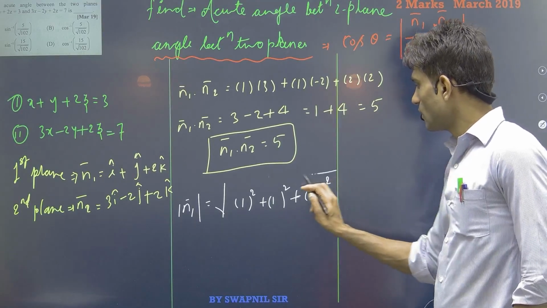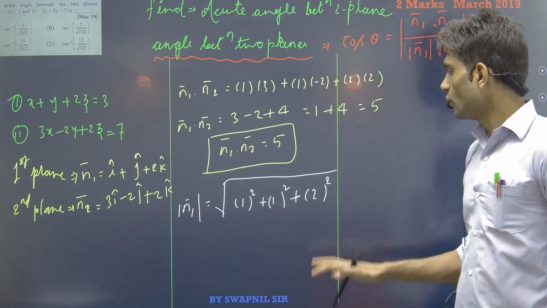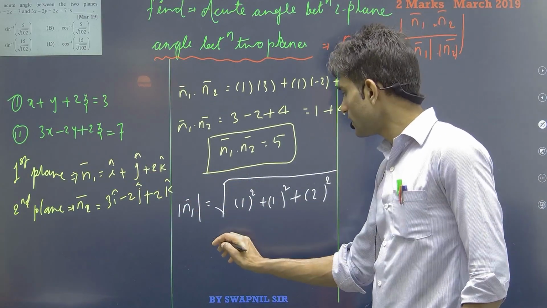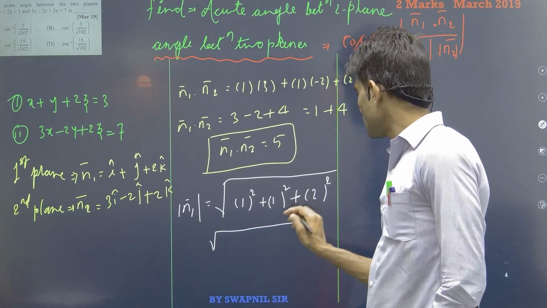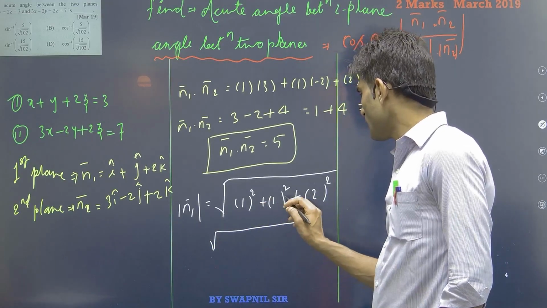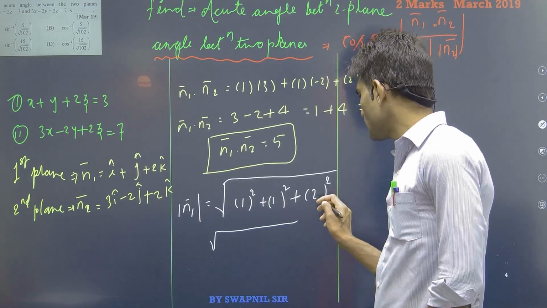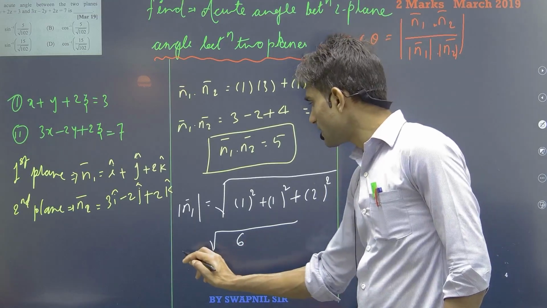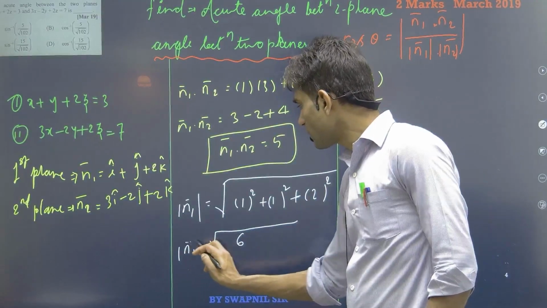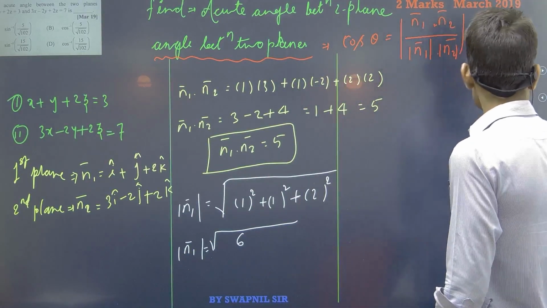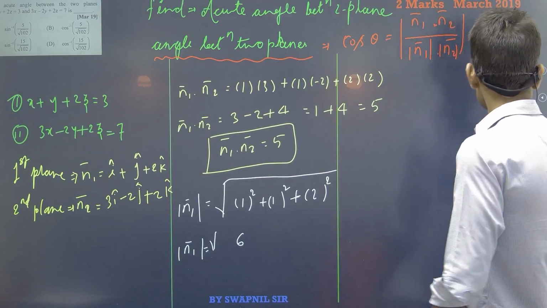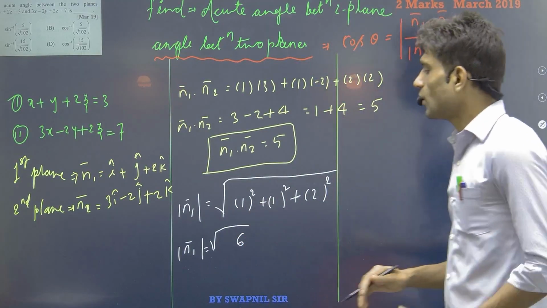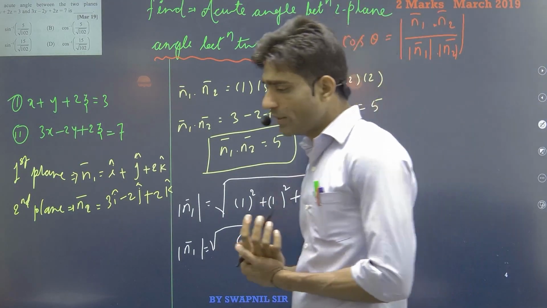All these three are the coefficients of i, j, k squared. So 1 square plus 1 square is 2, plus 2 square, which is 4, gives 6. We got the modulus of n1 bar, which is the square root of 6.